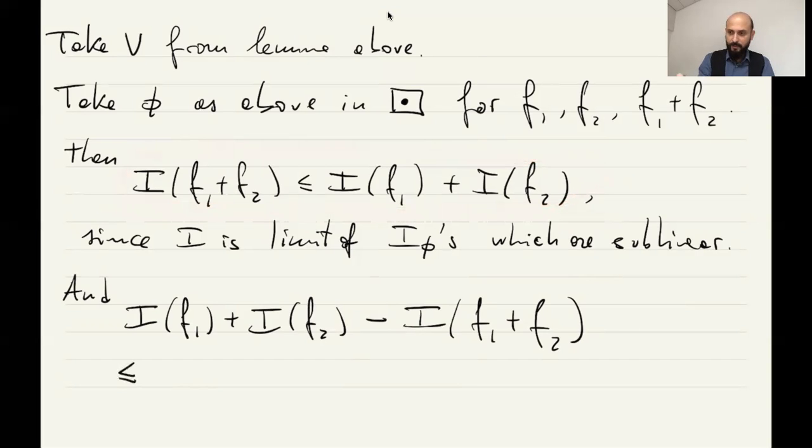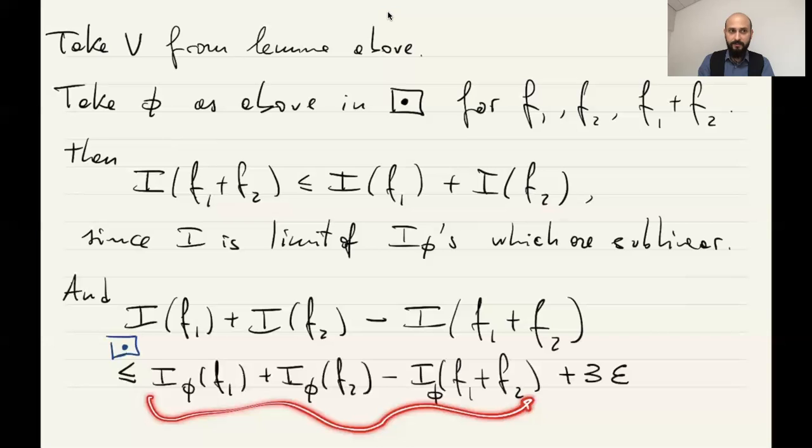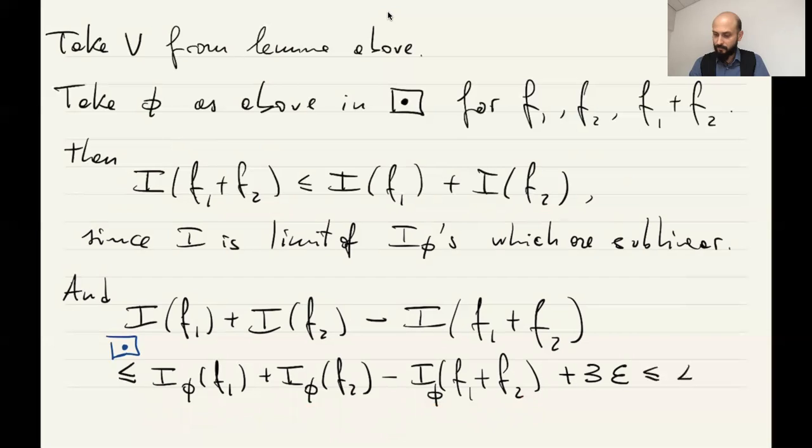By this equation, we have that this is less than I phi of f1 plus I phi of f2 minus I phi of f1 plus f2. Now each time I apply the equation, I get an error of epsilon. So I have 3 epsilon. But now from the lemma, I know that this is less than epsilon. So this is less than 4 epsilon.